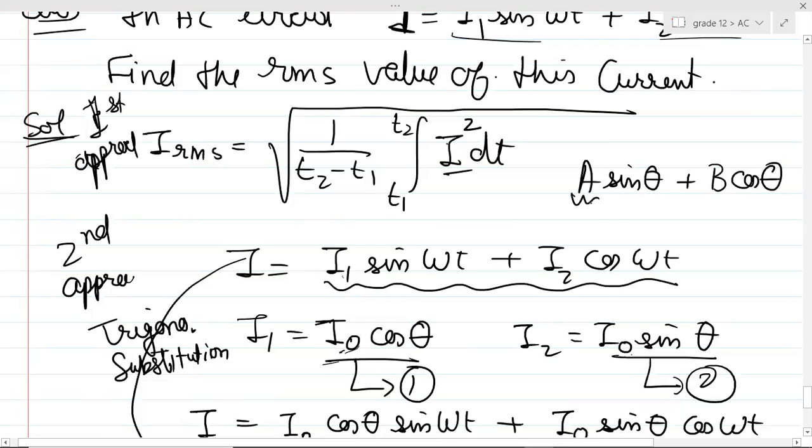So you generally put a as r cos phi, because this cos phi and sine theta can get multiplied and become sine theta cos phi. And you write b as r sine phi. So it will become just the way it was.